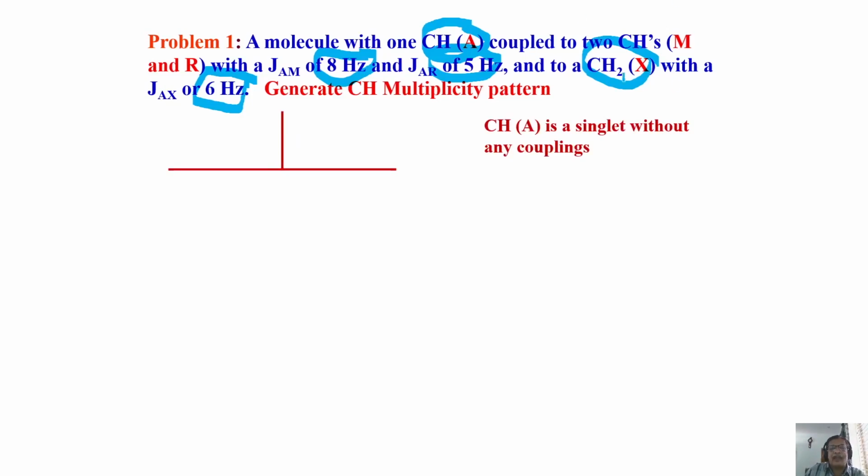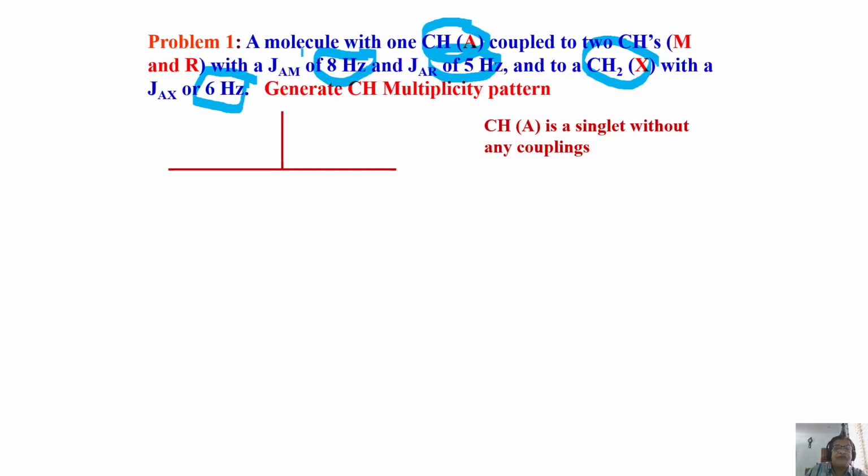Take the CH proton A. Without any coupling, it has to be a singlet. Correct? It is a singlet. Now it is coupled to two CHs, M and R, with couplings of 8 and 5 Hertz. You may also remember, I told you when you are analyzing the multiplicity pattern, the order of coupling which you take does not matter. It is immaterial.